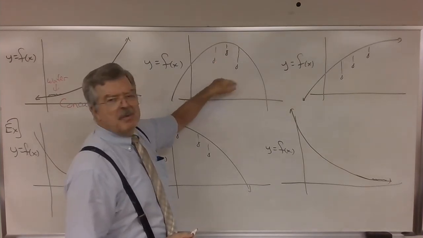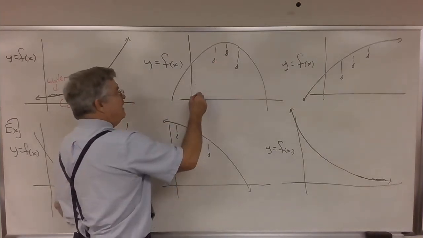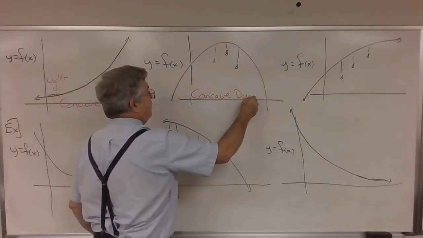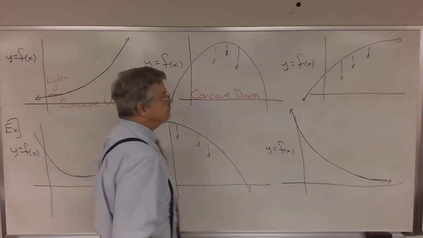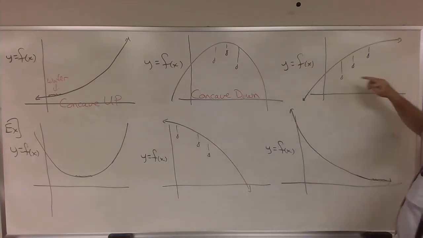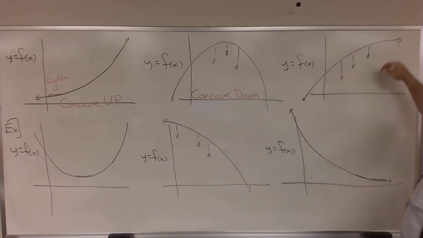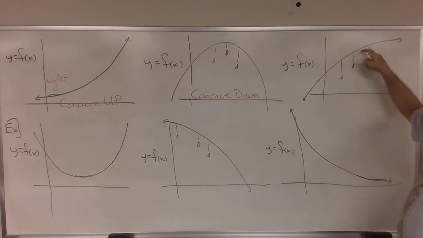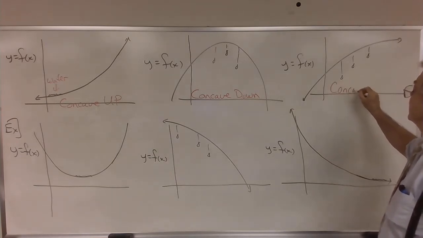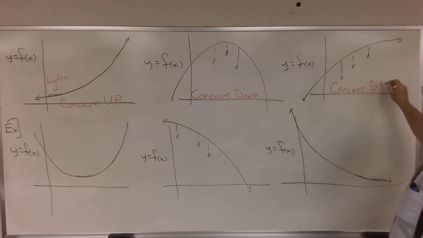These are the drops of water falling out. This one's definitely concave down. And same thing for this one. Look at the curvature of the graph. There's no place for the water to collect here. The drops of water are just falling down. So this guy's concave down also.